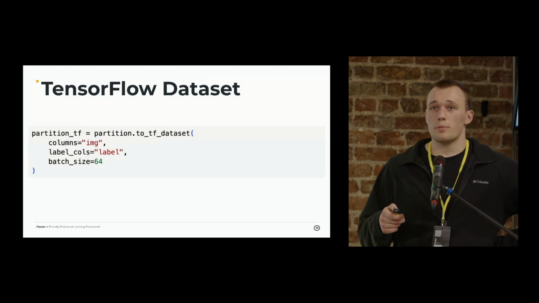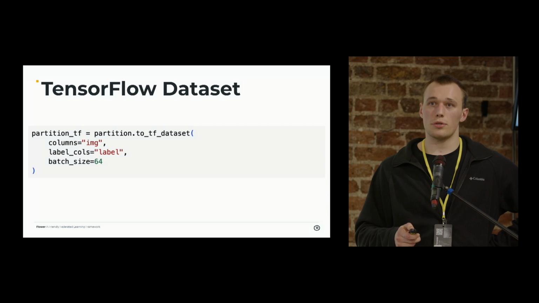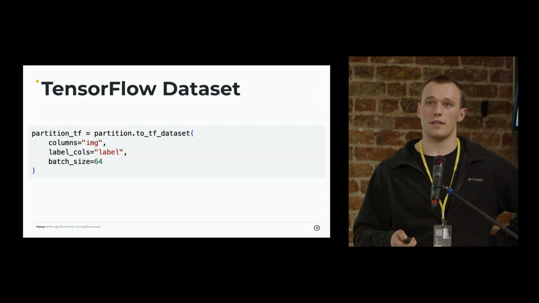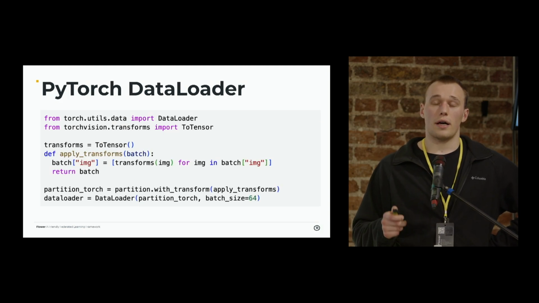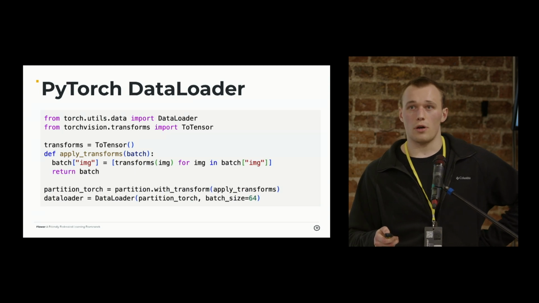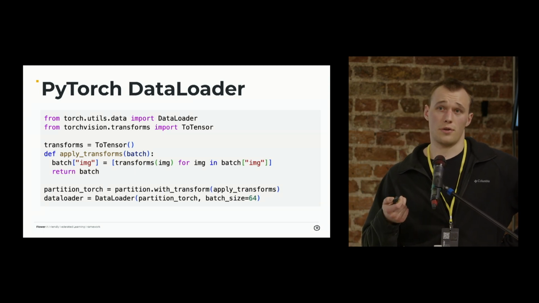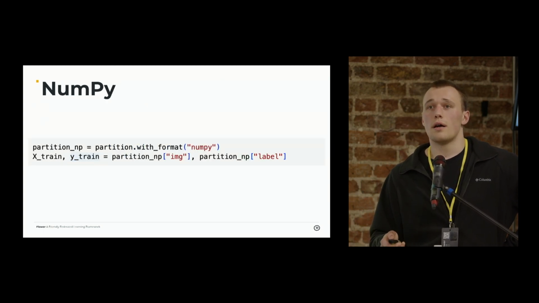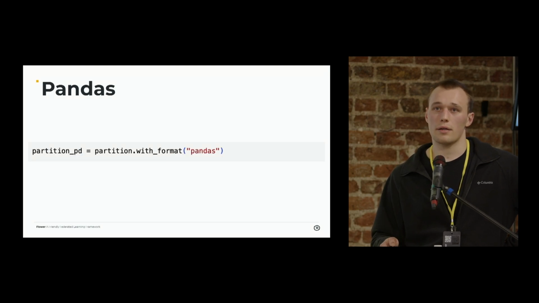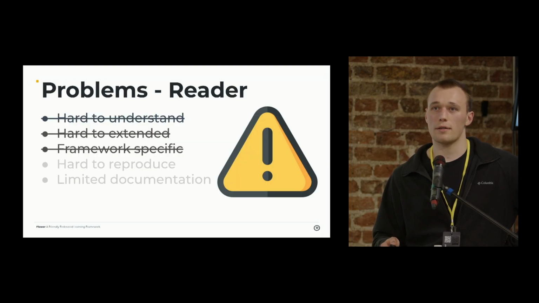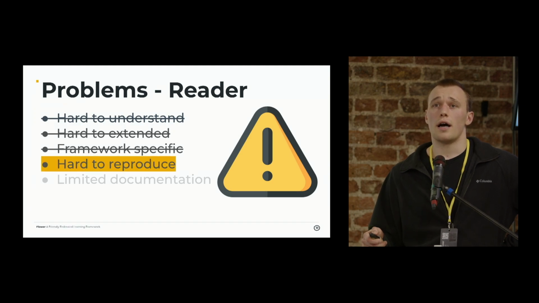Yeah, so let me back it up. Here is how you do it to transform to TensorFlow dataset, one-liner. It integrates with TensorFlow transforms. Here is how you can do it. NumPy, one line. Pandas, one line. Well, that was framework specific. Hard to reproduce.